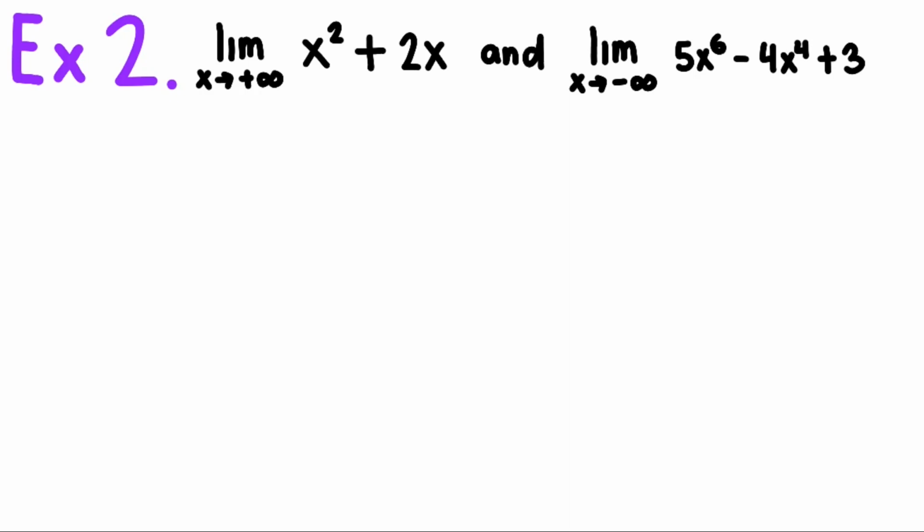We have here the limit of x squared plus 2x as x approaches positive infinity, and the limit of 5x raised to 6 minus 4x raised to 4 plus 3 as x approaches negative infinity. Again, before we start, feel free to pause the video so that you may try this one on your own.